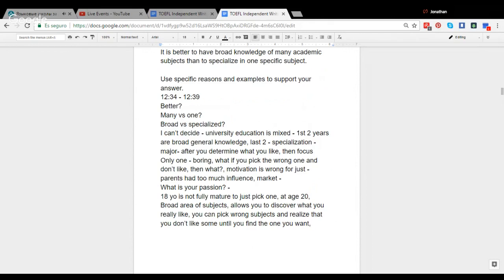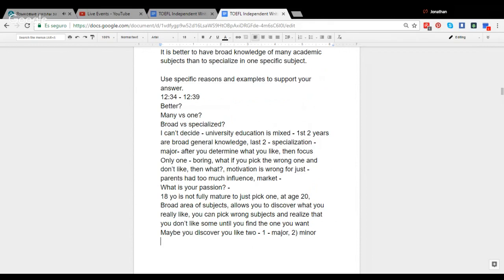What else on here? Maybe you discover you like two, and one is your major and the second one is your minor. So maybe having a broad knowledge of these different subjects allows you to eventually choose between two.